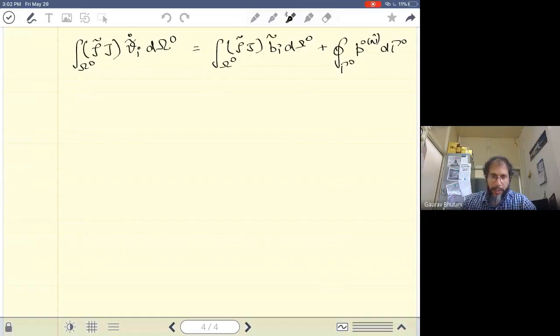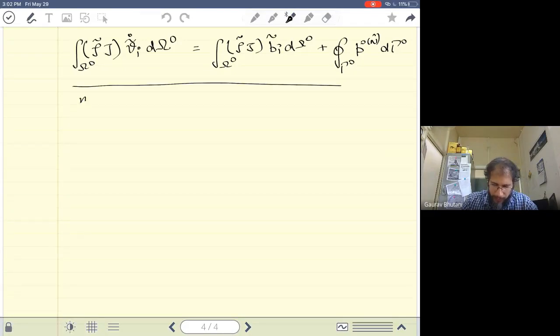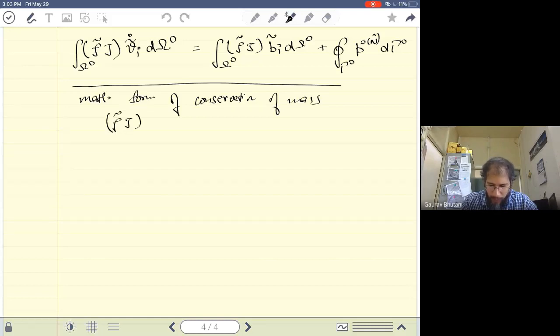So why did I put rho tilde and j into a bracket? Because we have seen previously the material form of conservation of mass. It stated that rho tilde times j is equal to rho naught. So rho naught was the density field at t equal to 0.